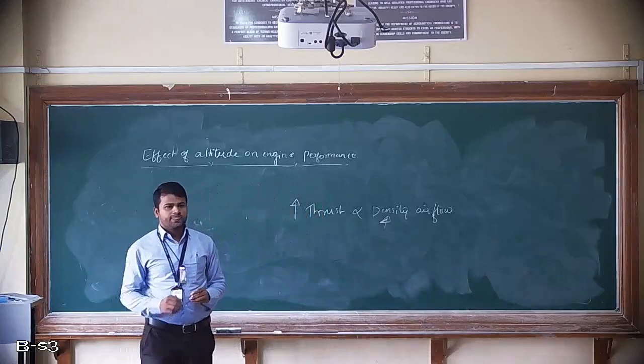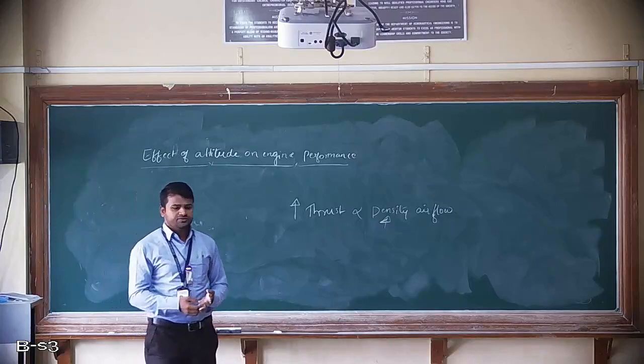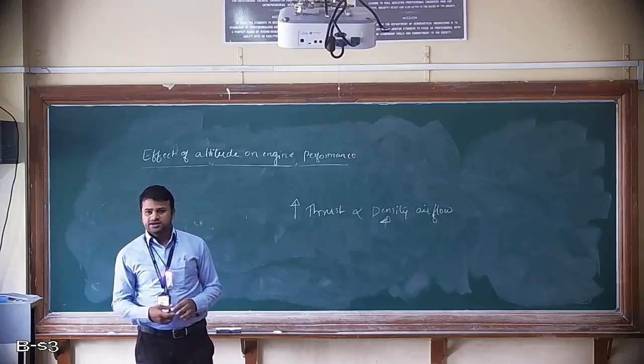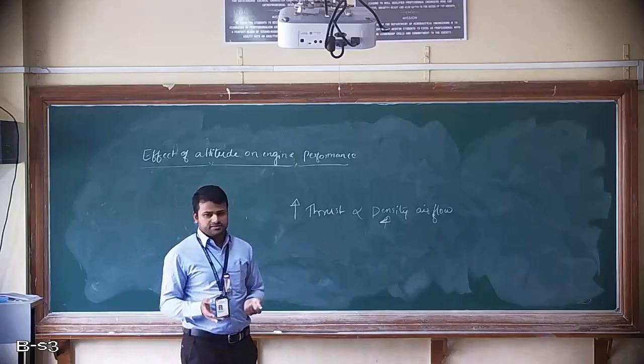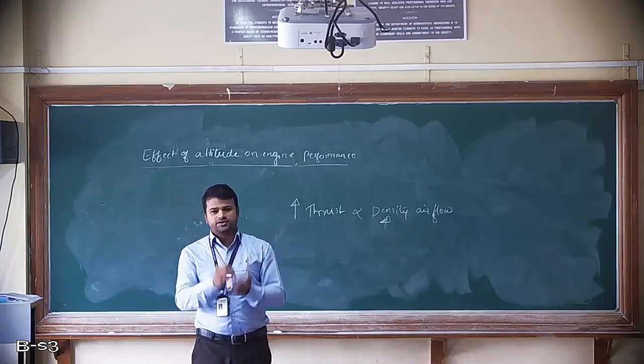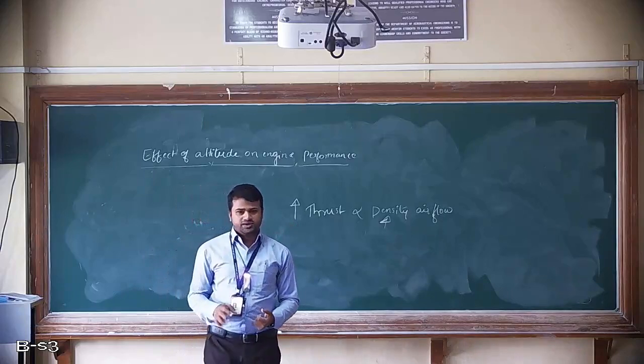At that time, what do we have to do? We have to consume more fuel. Yes or no? We have to consume more fuel, which costs more money. That means the performance of your aircraft is getting reduced. So this is one aspect.